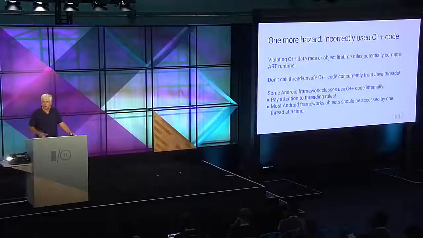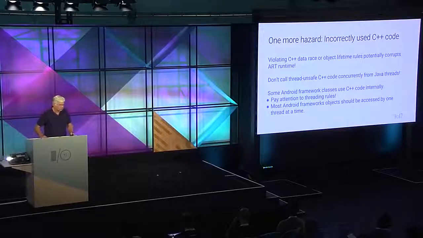In particular, if you're calling C++ code from Java threads, it still has to be thread safe as though you were calling it from multiple C++ threads. And you have to make sure to follow those rules. This is a bit aggravated by the fact that some Android framework classes actually use C++ code internally. So this gets back to the point I was making at the beginning, that you have to make sure to use those framework classes correctly, because otherwise you can run into this problem even without actually writing native code.